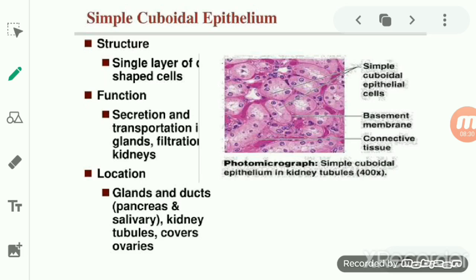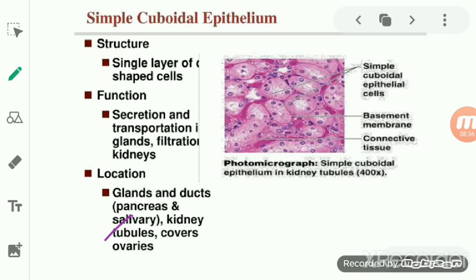It is present in the kidney tubules as well as in the respiratory tract, where the cilia help in the conduction of material. In the respiratory tract, it helps in throwing the dust particles away, and in the tubules, it helps in the proper conduction of the filtrate.